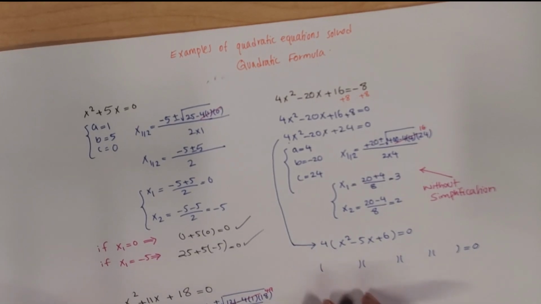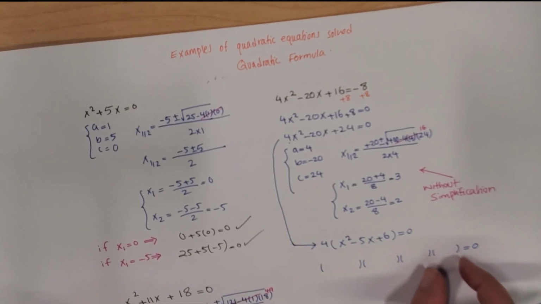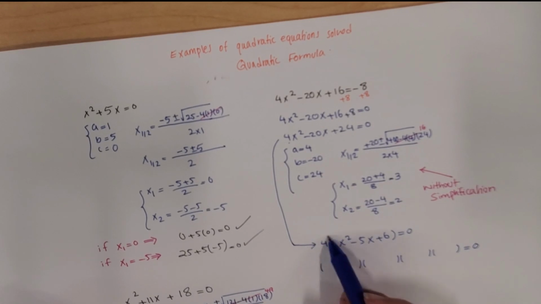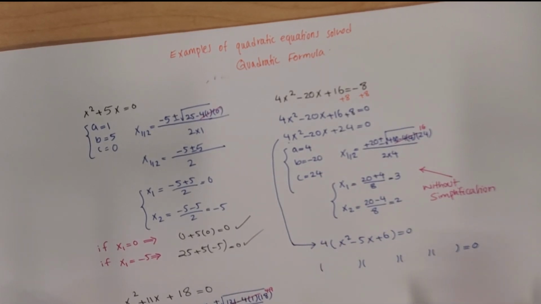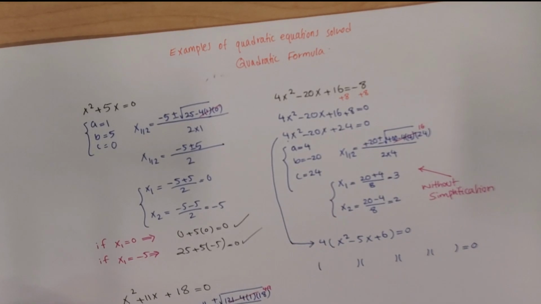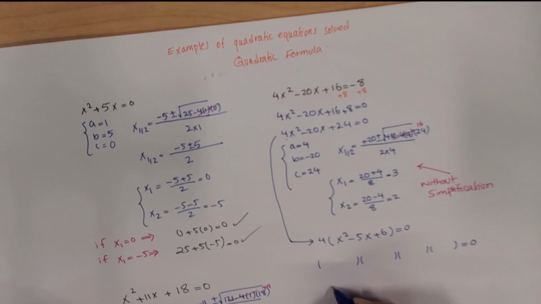Here, the first parenthesis is number 4, which is definitely not a 0 and can never be a 0. So what does it mean? That means x to the power 2 minus 5x plus 6 could be a 0.